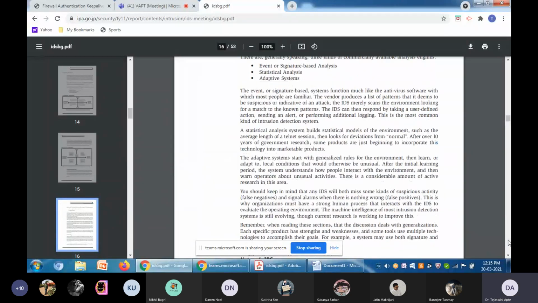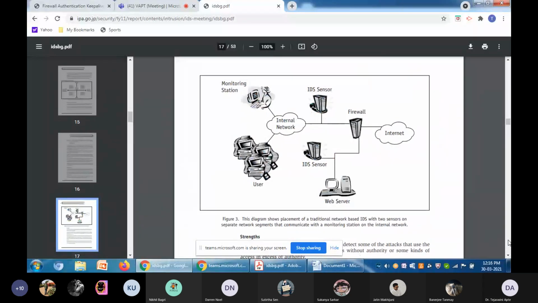Fine. And here, can you tell me how exactly this diagram is going to work? Yes, my dear students.